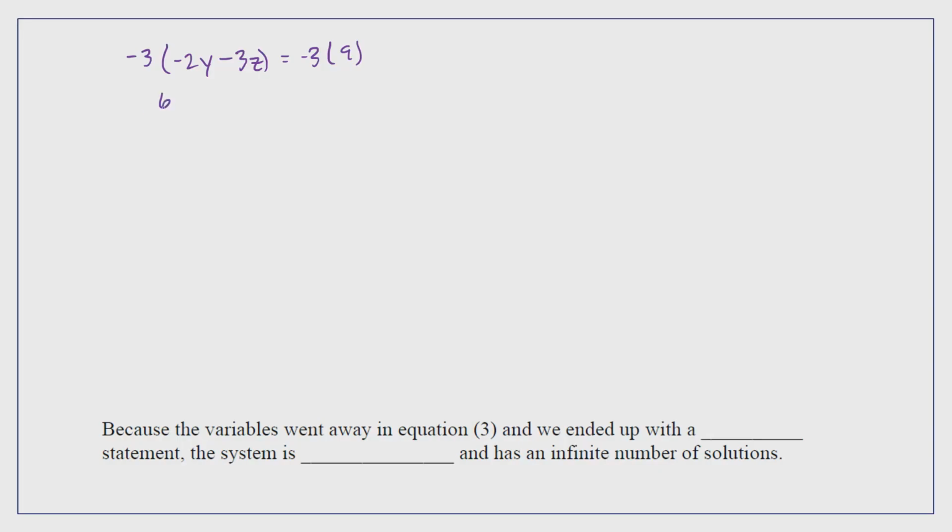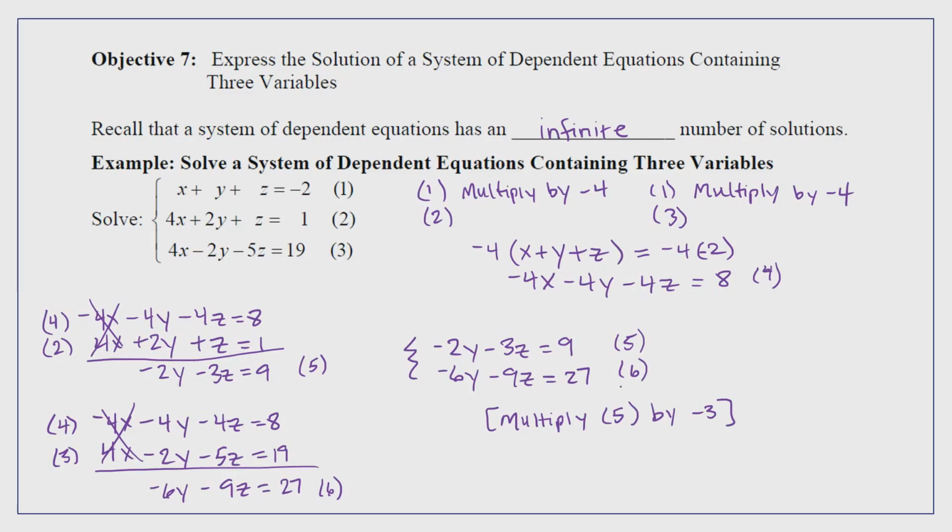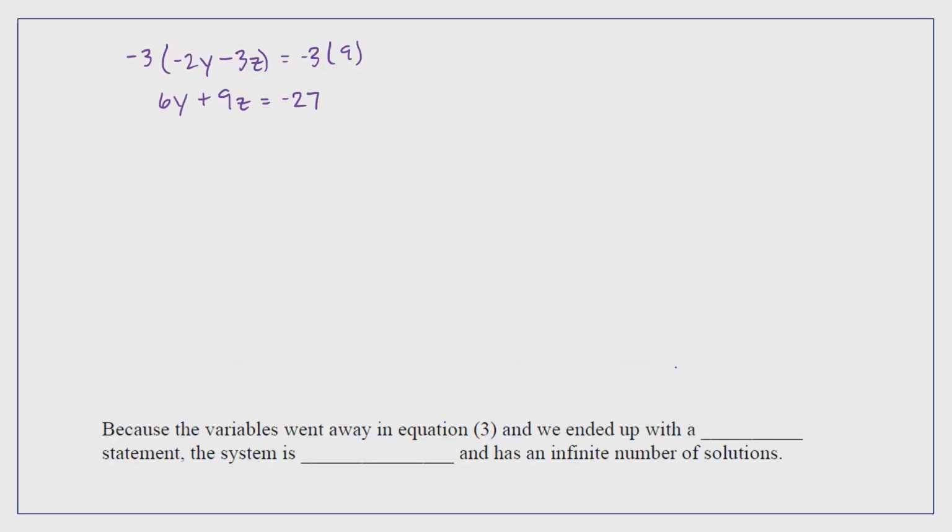So that will give me 6y plus 9z equals -27. Okay. And so now I'm going to take that new equation and add it to equation number 6. So this is equation 7.